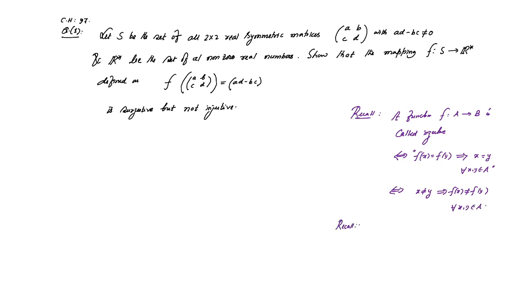This is recall 1, and recall 2: a function f from A to B is called surjective, or you can say an onto map, if for all b belonging to B, there exists a belonging to A such that f of a equals b.